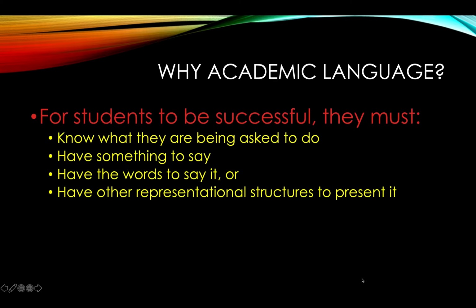So that may be a table or a chart. That may be chord progressions and music. That can look a lot of different ways for each different content area, but they need to be able to express how they understand the content. And that's really important. And academic language helps them do that.